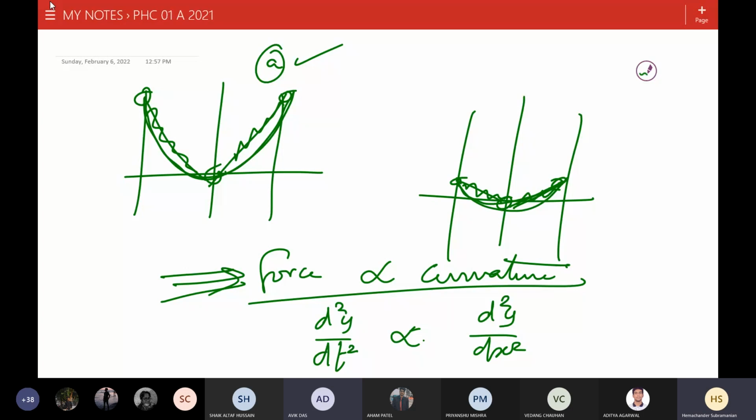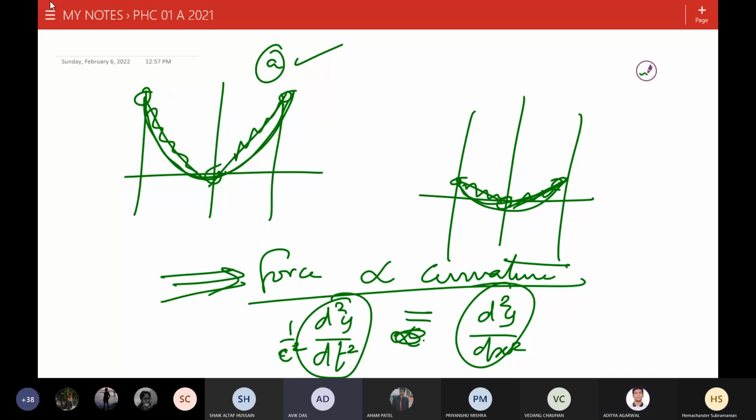And the proportionality constant is just 1 over c square. Force equals curvature. That's your wave equation.